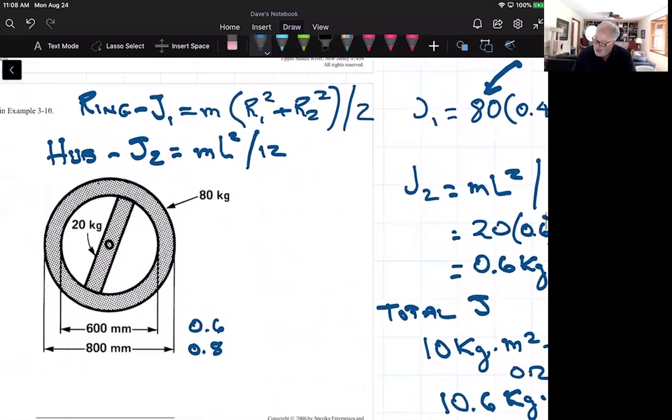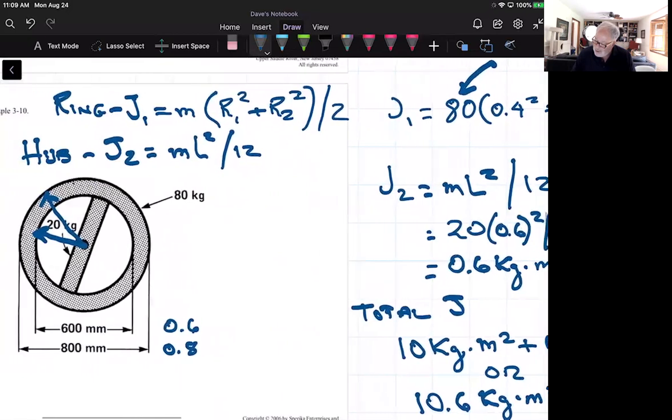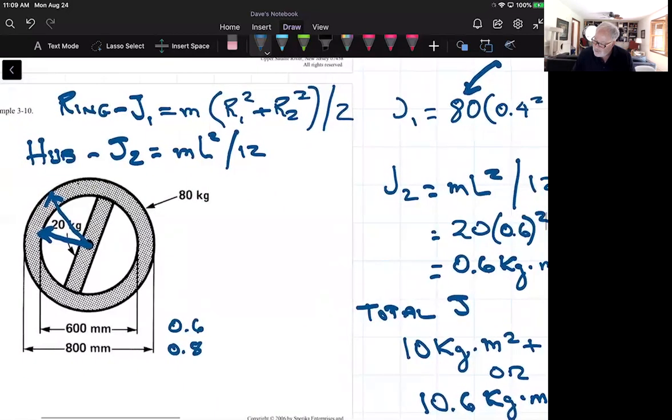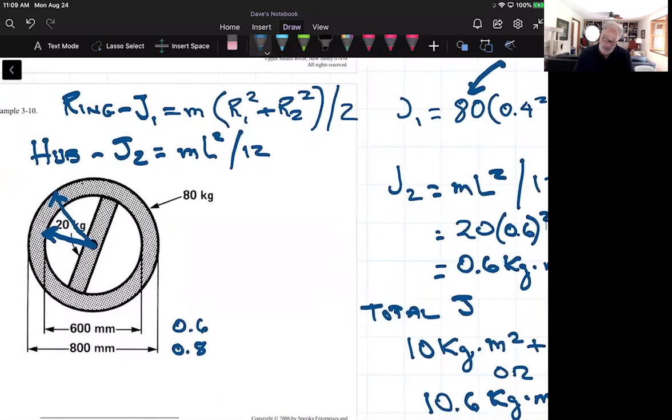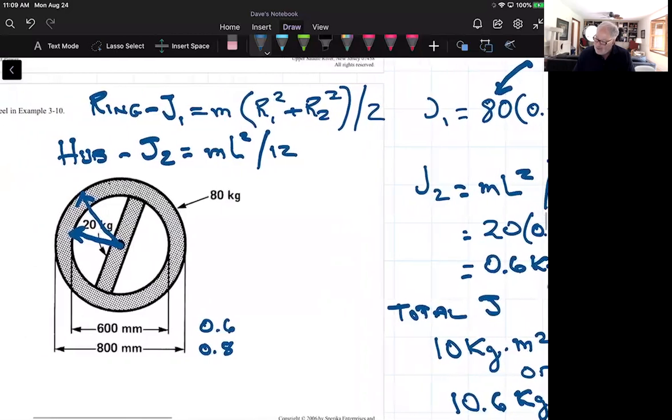For the annular ring, we've got two measures: from the center to here and from the center to here. So make sure that you understand where those are coming from.